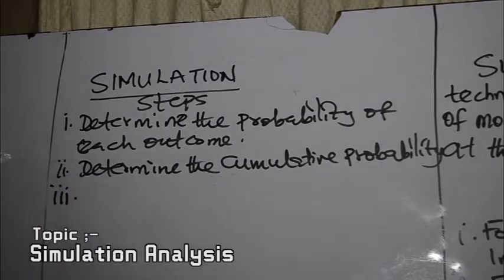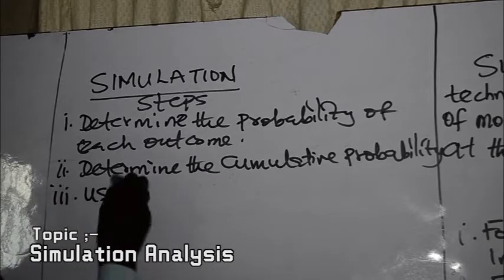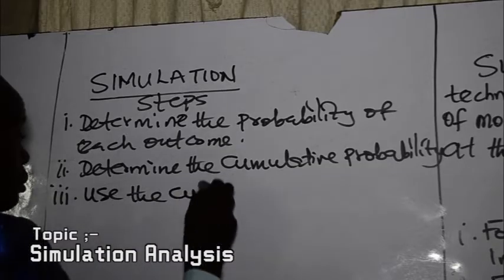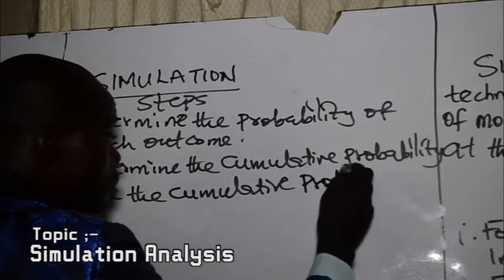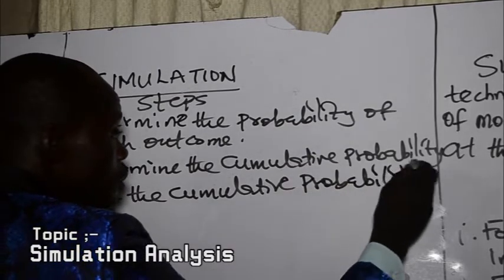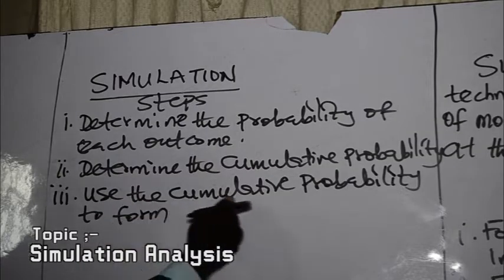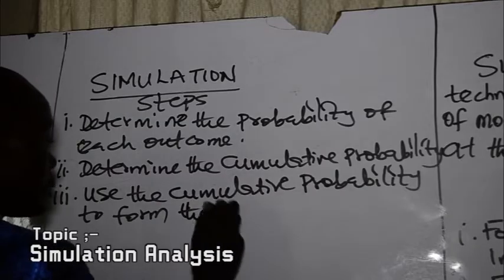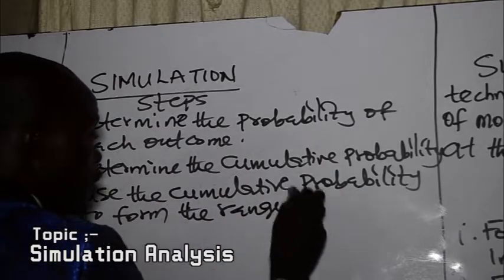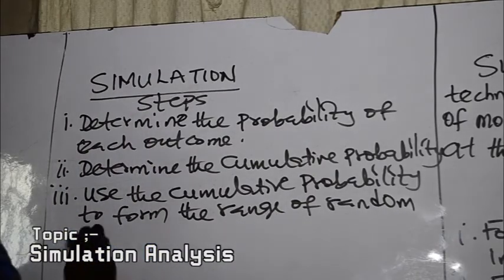Step 3: use the cumulative probability to form the range of random numbers.